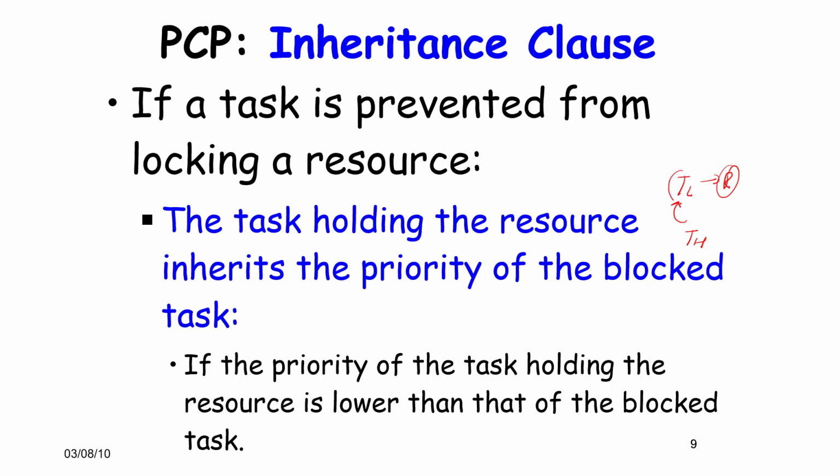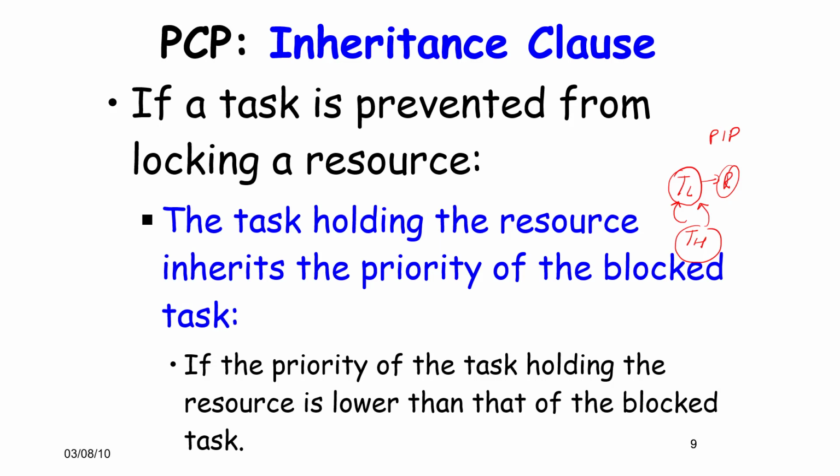Recall that in the HLP protocol, the priority of TL was becoming the ceiling of the resource R. But in this case, that will not happen. In this case, the low priority task, which is currently holding the resource, will inherit the priority of the high priority task, which is quite similar to what we were doing in PIP, the priority inheritance protocol.